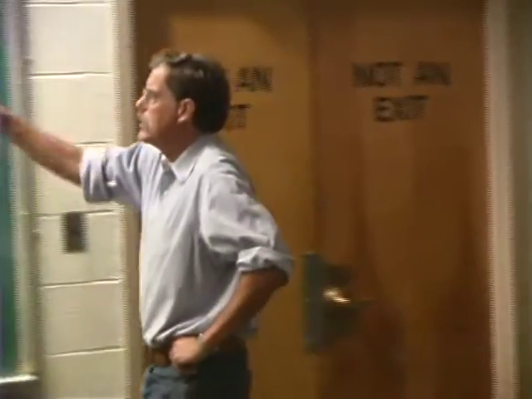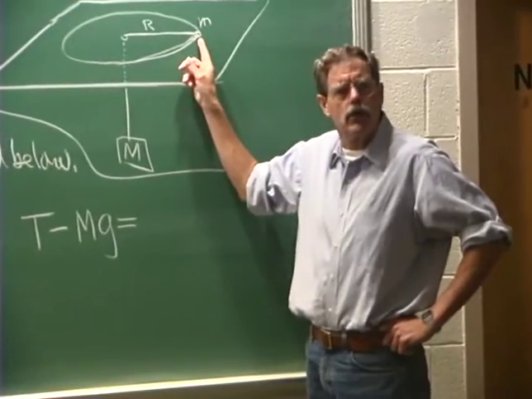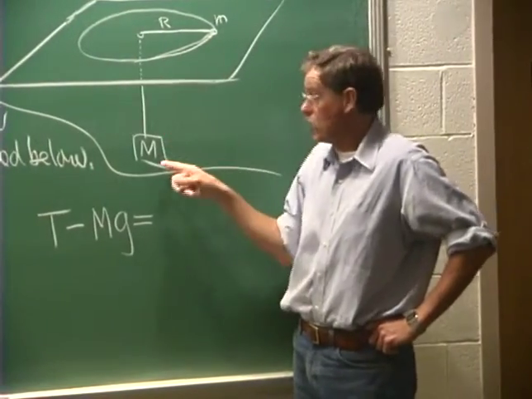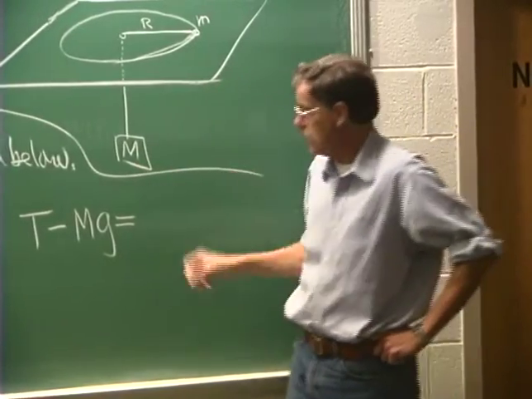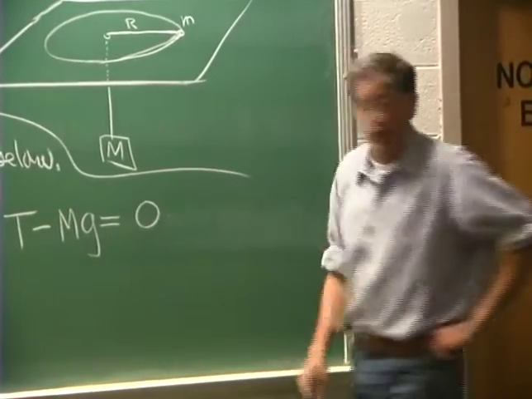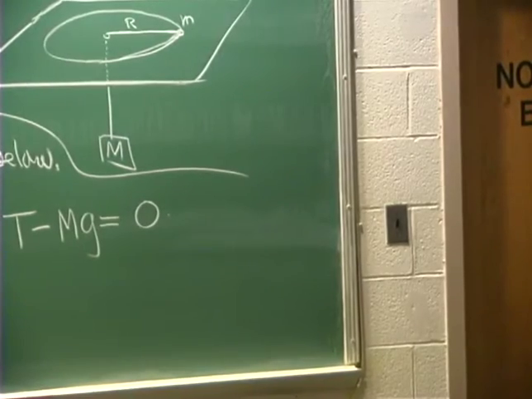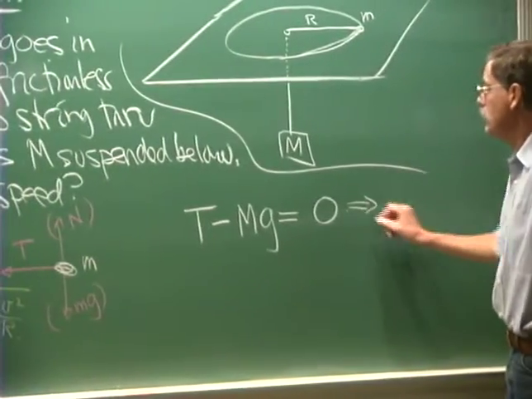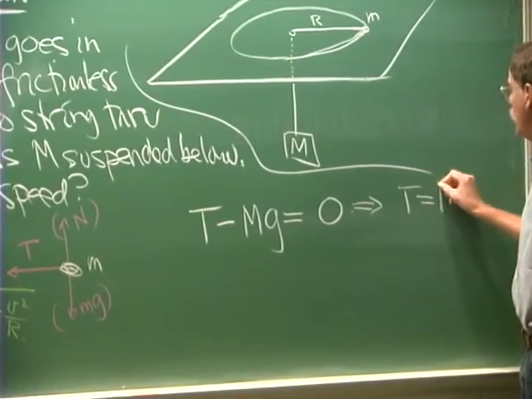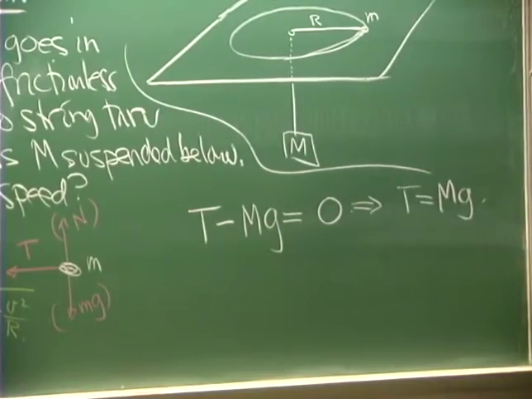Well, what I said is that the little one goes around in a circle. And the consequence is that this one isn't moving up or down, right? Because it's attached to the same string. So you're right, the acceleration has got to be zero. And I secretly told you that when I said that the thing was going in a circle. So T minus mg is equal to zero. That tells me that T, the tension, is equal to capital M times g.